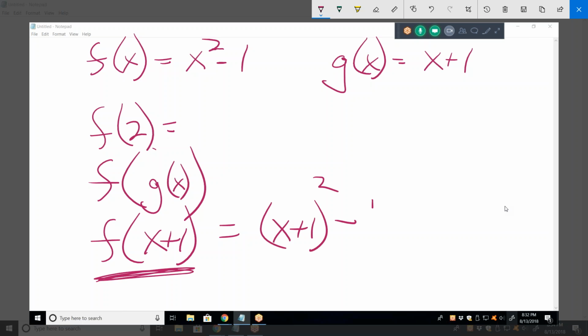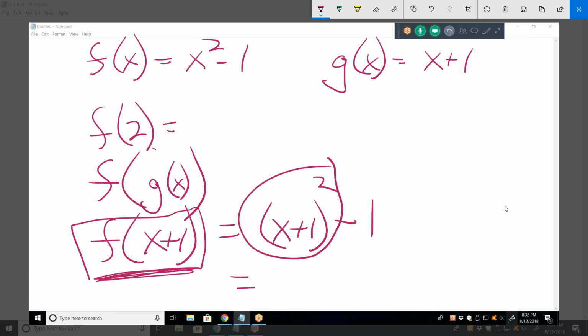So x plus 1 squared. Now simplify it. Because if you do this in your head and then try to subtract 1, you're just heading for mistakes. So always just take whatever's in the parentheses, substitute it for x in parentheses, and then simplify.